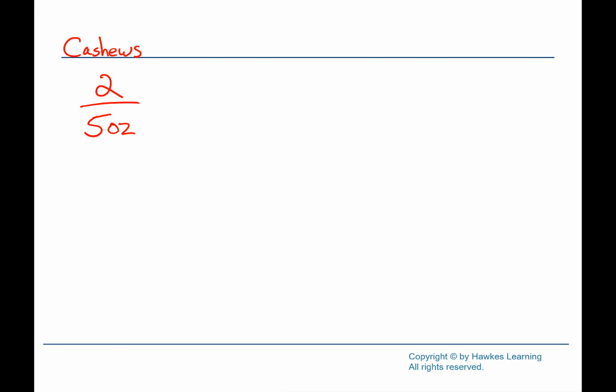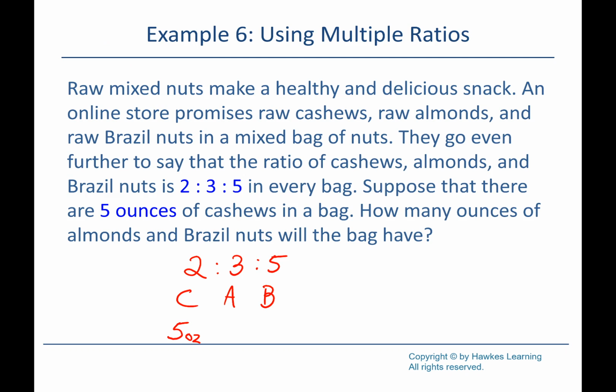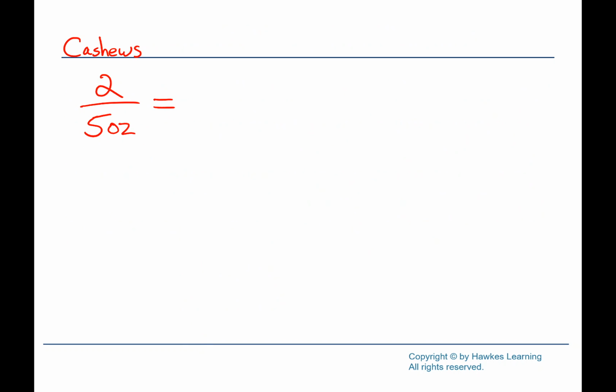And then that has to be equal to, I'm looking at almonds now. You could do the other one first if you wanted to. I'm looking at almonds now, so I know my ratio there is 3, and I don't know how many ounces that would be. That's what I'm trying to figure out. So got a ratio of 3 to some number of ounces. We'll call it X ounces.